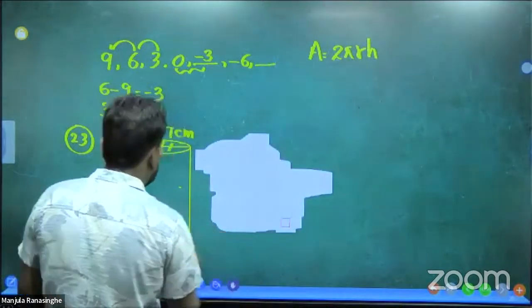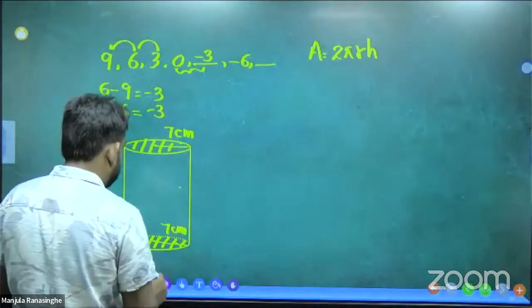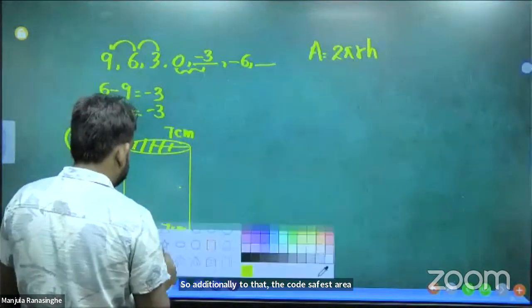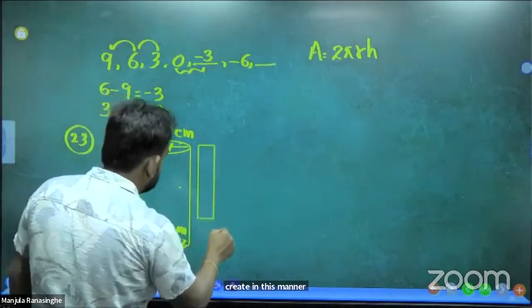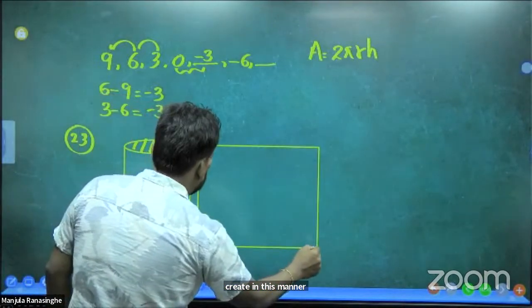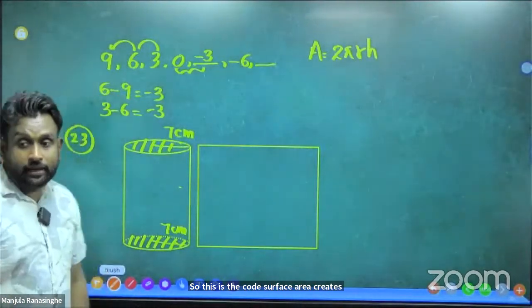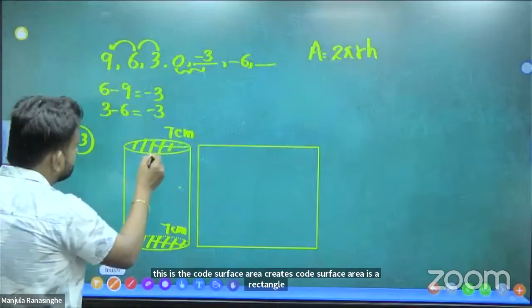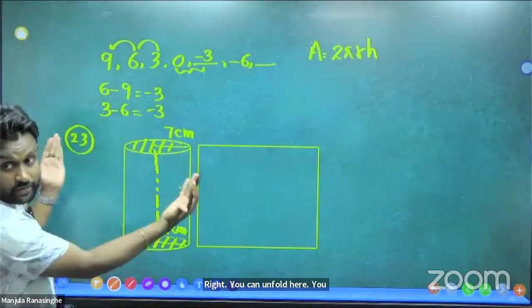The curved surface area is created in this manner. So when you cut it, this is the curved surface area created. The curved surface area is a rectangle, right? You can cut throughout this and unfold it.